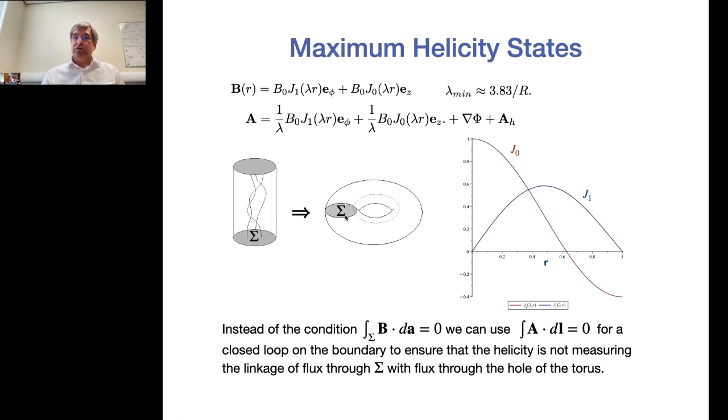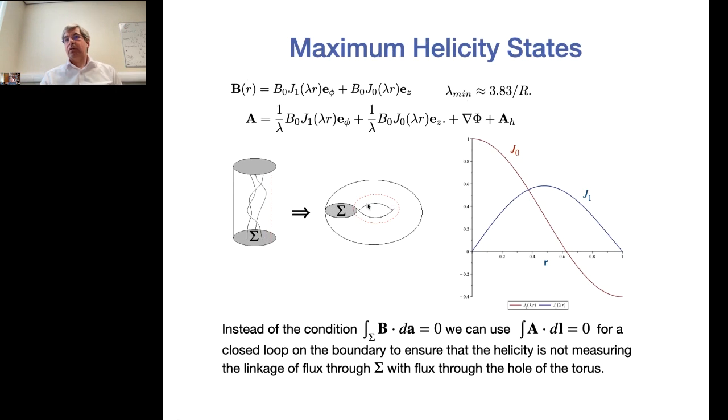An alternative condition for the same property is that the flux through sigma does not vanish, but the line integral over the dotted red line here, a line on the boundary of this torus, vanishes.